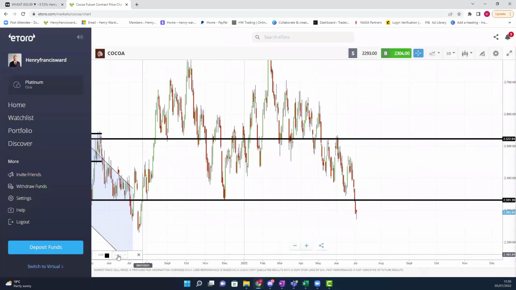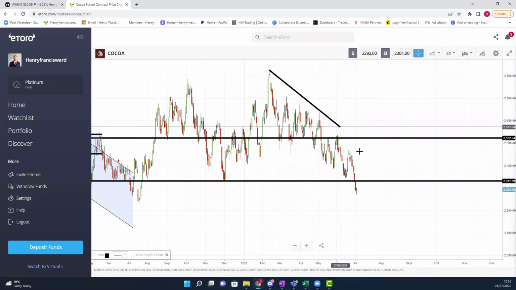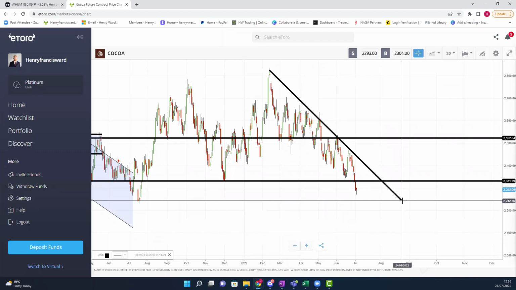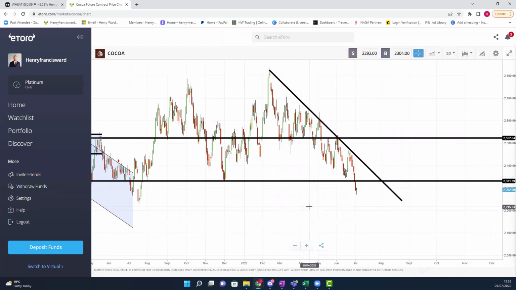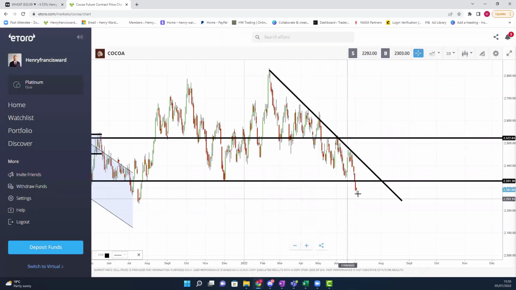Put in some segments here. We do have that, and we also have that horizontal.